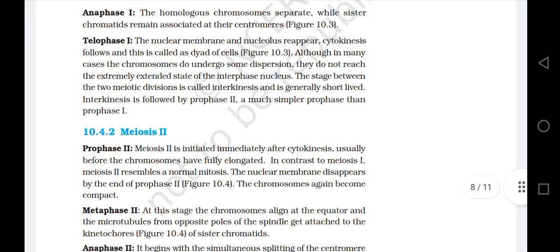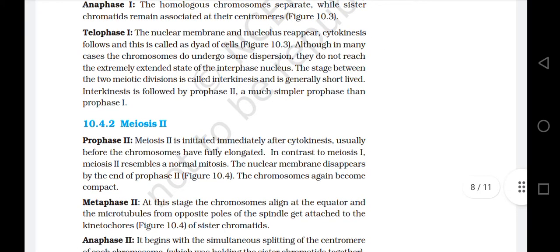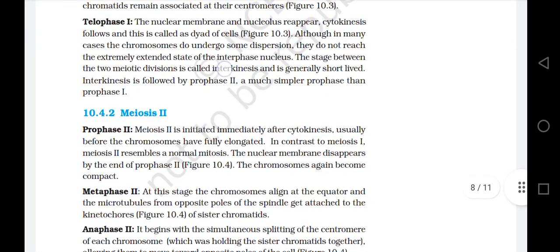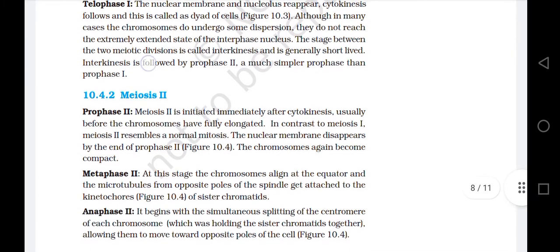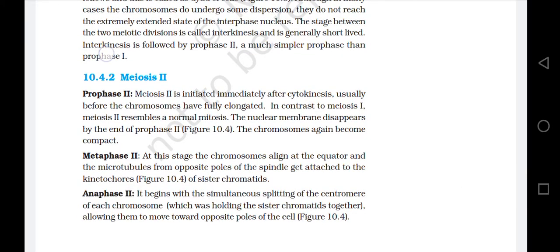Although in many cases the chromosomes do undergo some dispersion, they do not reach the extremely extended state of the interphase nucleus. The stage between the two meiotic divisions is called the interkinesis and is generally short-lived. Interkinesis is followed by prophase 2, a much simpler prophase than prophase 1.